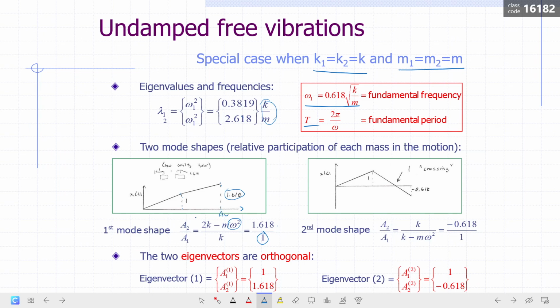So it's kind of like this one is a2 and this is a1. And similarly for this one, the amplitude: if this is A1, then this is A2, something like that.